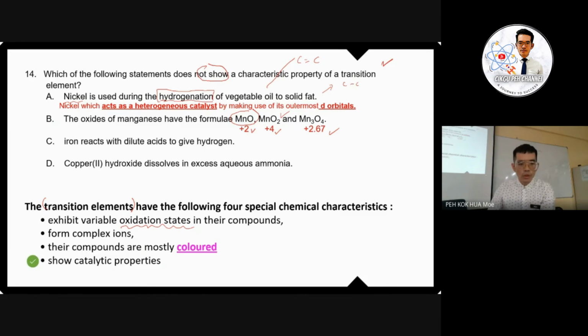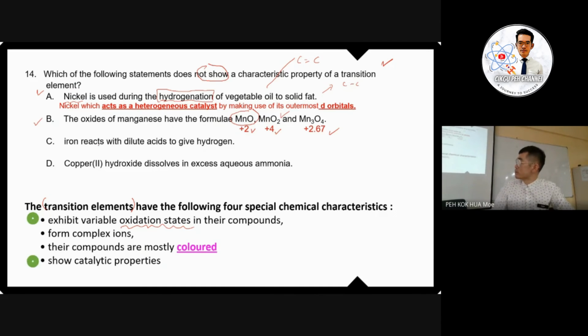So overall, these 3 oxides of manganese show different oxidation states. That means the first character here is also correct. So A and B show the chemical character of the transition element.